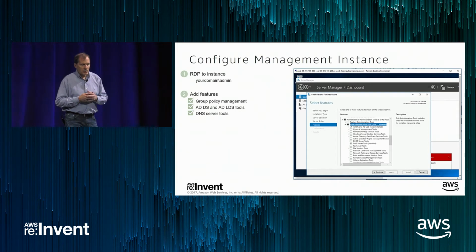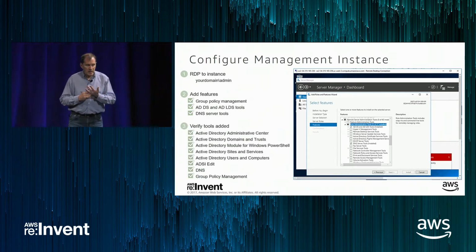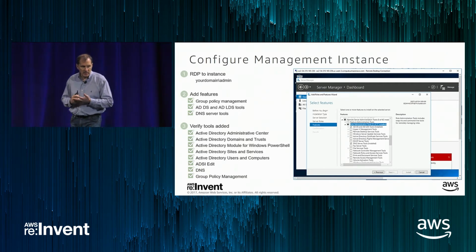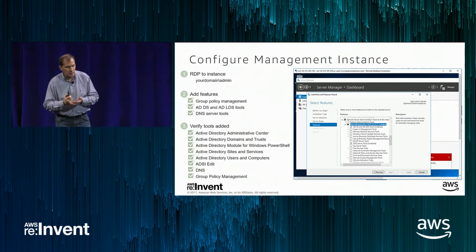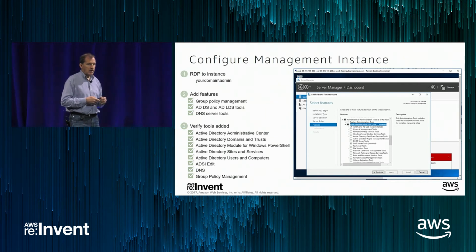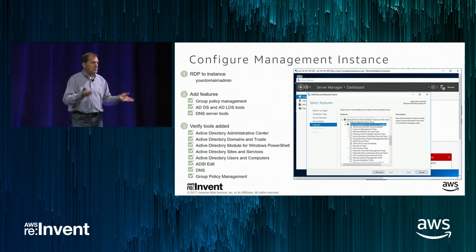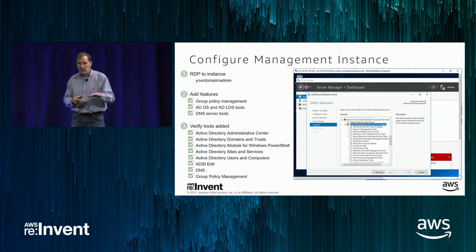And once you've added those, then you'll verify that you have Active Directory Administrative Center, AD Domains and Trusts, the module for Windows PowerShell, Sites and Services, Users and Computers, ADSI, DNS, and group policy management. So that now you have the environment on your EC2 administration instance that you use to administer anything to do with the directory.